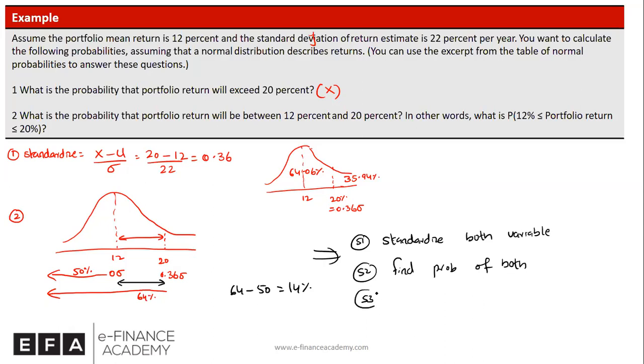And step 3, find the difference between the two probabilities. That's how we got our answer, which was 64 minus 50% equals 14%. So this is how you do the calculation for a normal distribution.